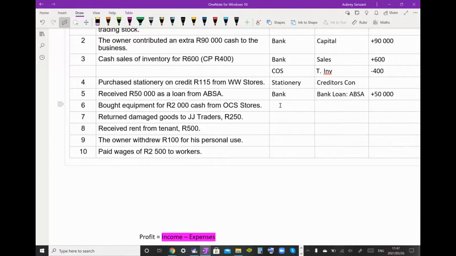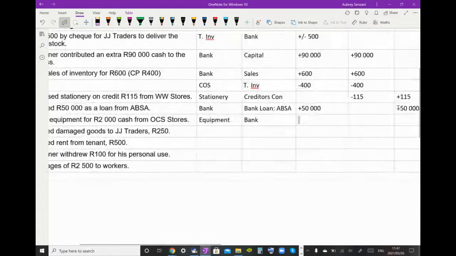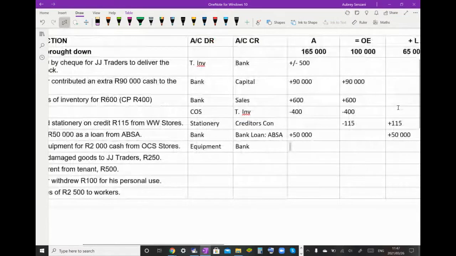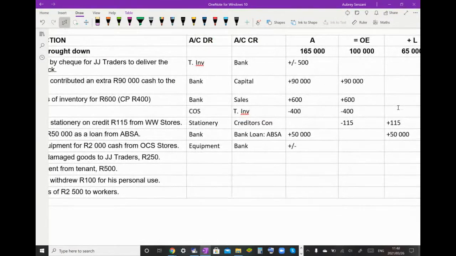It's increasing, right? So we're going to debit equipment, and then we're going to credit bank. So here you can just do plus minus 2,000 because both of these are assets.